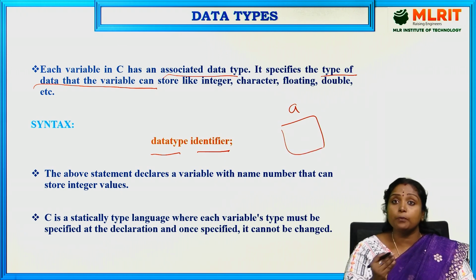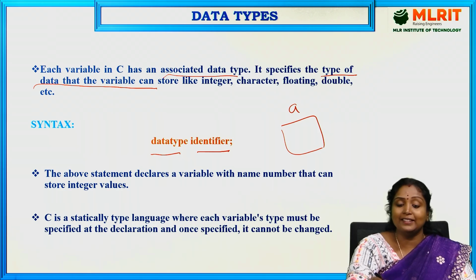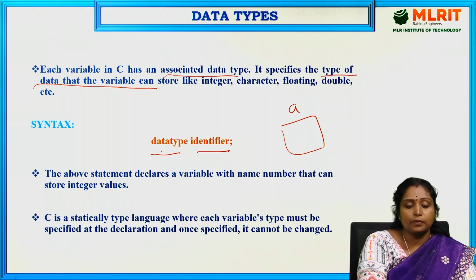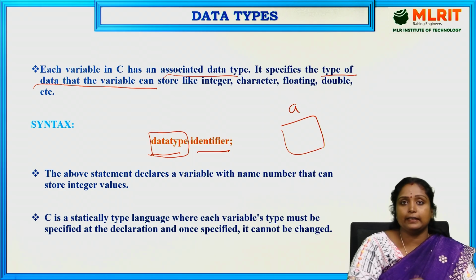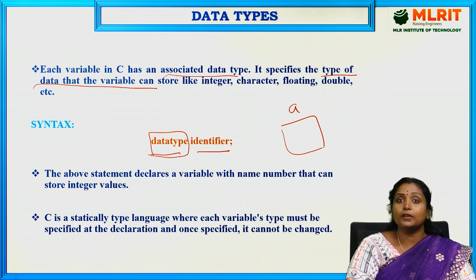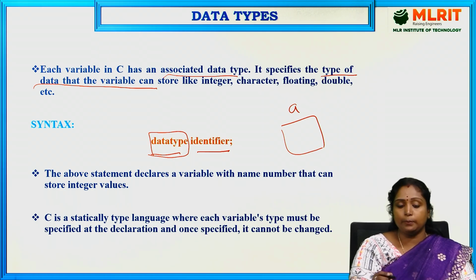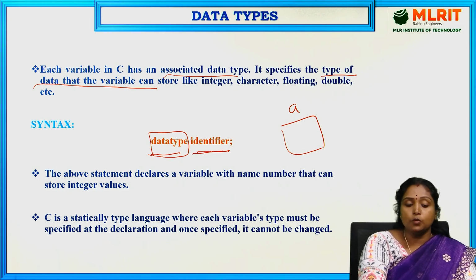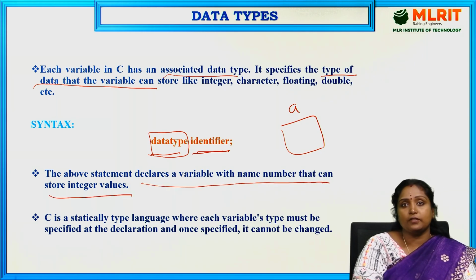What type of value you are storing in that identifier is said by the data type. So in order to create a variable or an identifier, you have to specify the data type. This statement declares the variable with the name number that can store integer values.